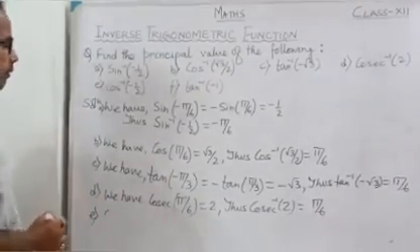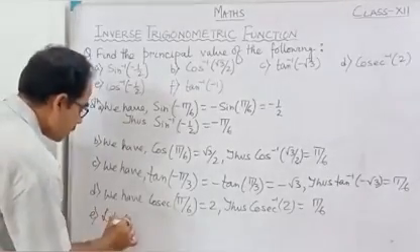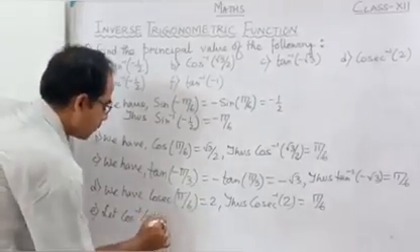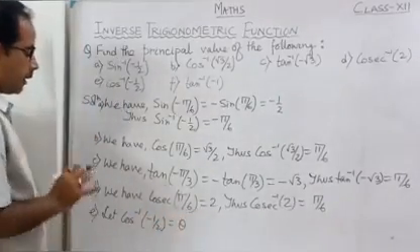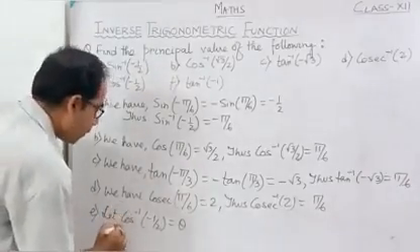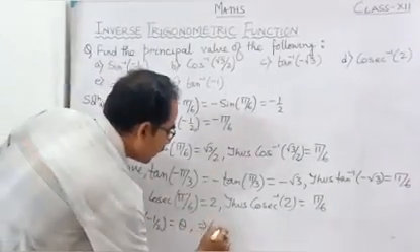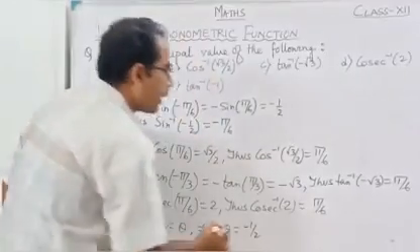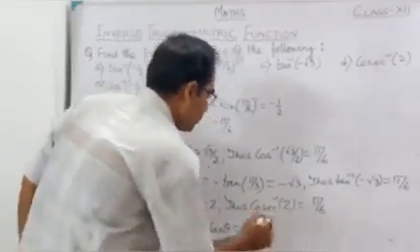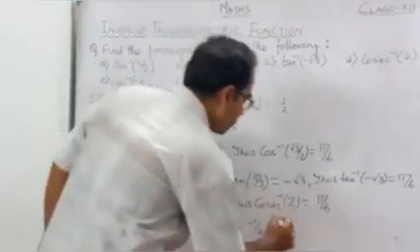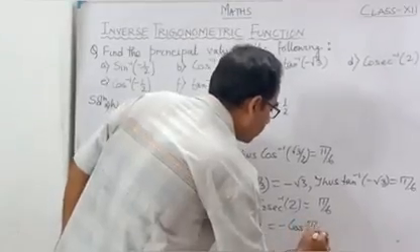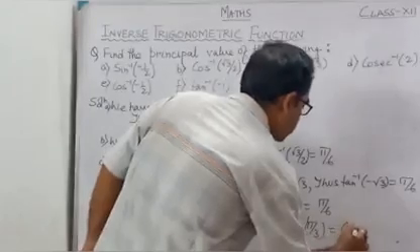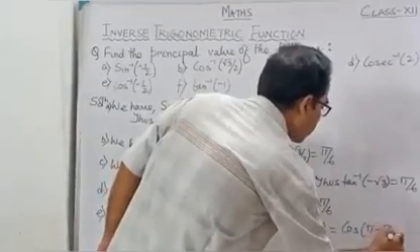Cos inverse minus half. So let cos inverse minus half equal to theta. Let us assume in such a way. Then obviously cos theta will be what? Minus half. Minus half means minus cos pi by 3. Correct, students? That is equal to cos of pi minus pi by 3.